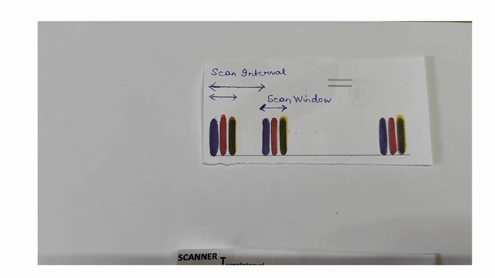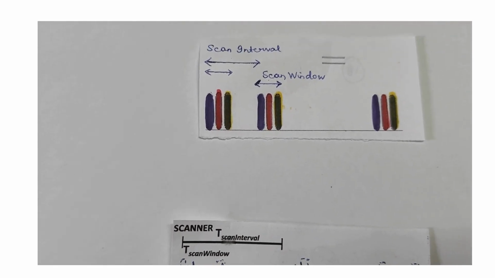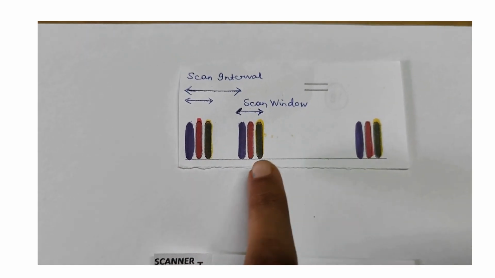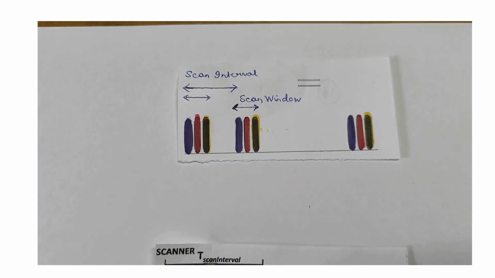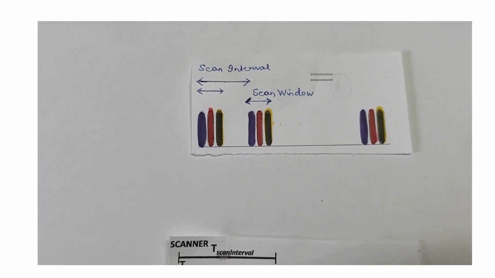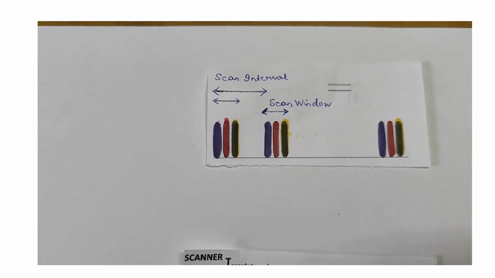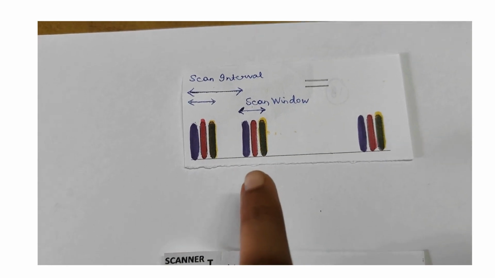Scan interval, as I already told, is the duration between two advertising events. Here is one advertising event and here is another. The duration between these two is the scan interval, and how long a scanner listens for these packets is defined by the scan window.